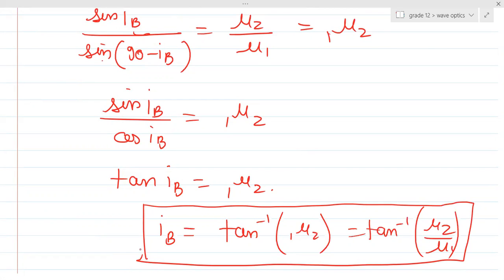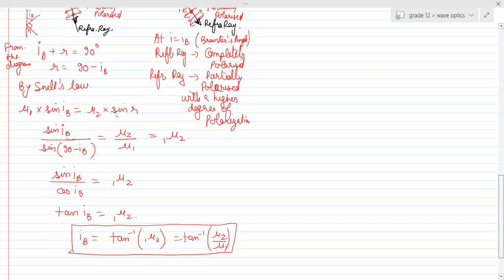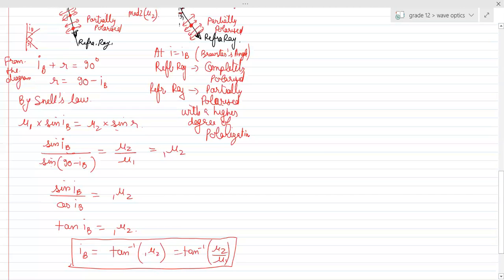Please remember there are certain points which you need to remember: the reflected polarized light has vibrations perpendicular to the plane of incidence. I'll write it, don't worry. Guys, quickly write down this derivation, and once you're done with the derivation, then we'll write certain points. This derivation is important for school.